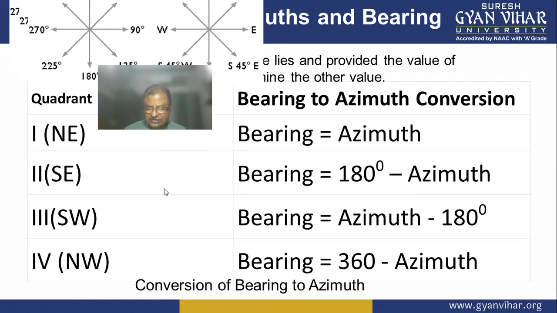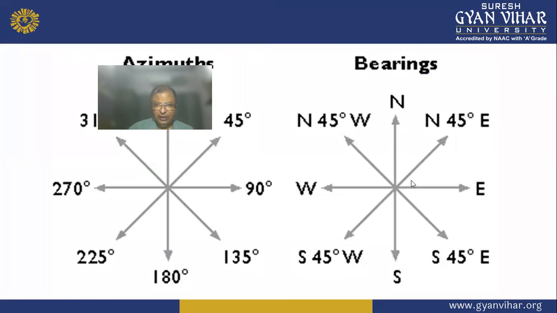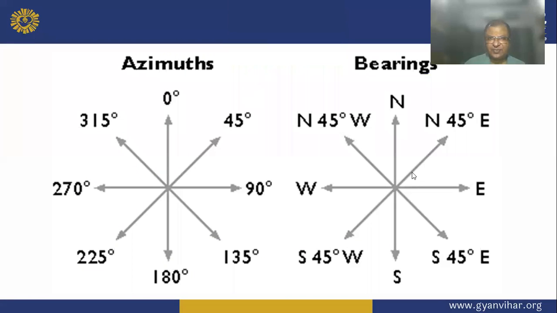In the south-east, bearing equals 180 degrees minus azimuth. In the south-west, bearing equals azimuth minus 180 degrees. And in the north-west, bearing equals 360 degrees minus azimuth. You can see this picture: this is azimuth and this is bearing.